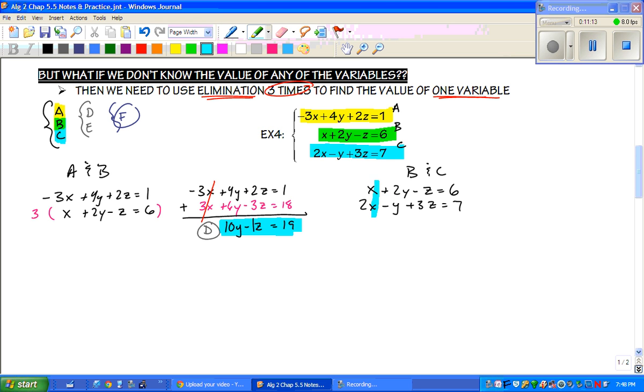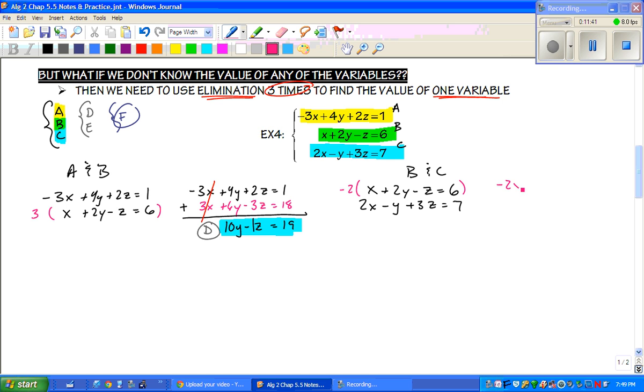Now once again we have to cancel the x's. You know why? Well, look at D. Do we have any x's there? No, that's the point. We're trying to eliminate one of the variables. So to get rid of the x's, I have to multiply the top by negative 2.